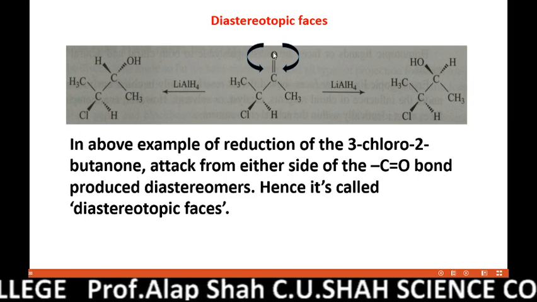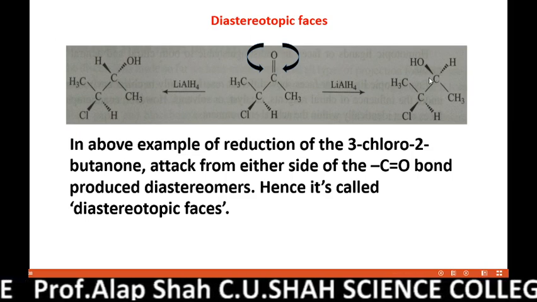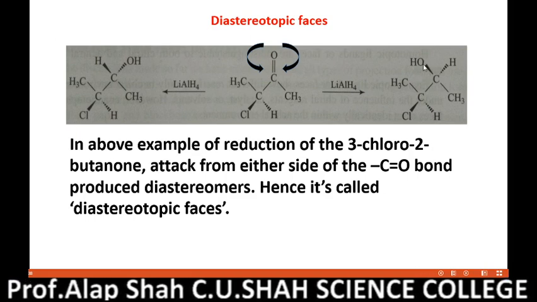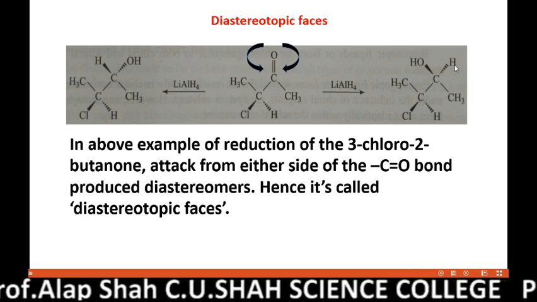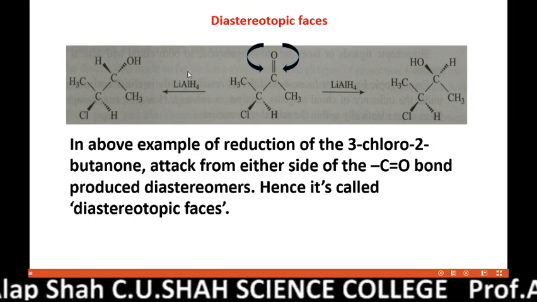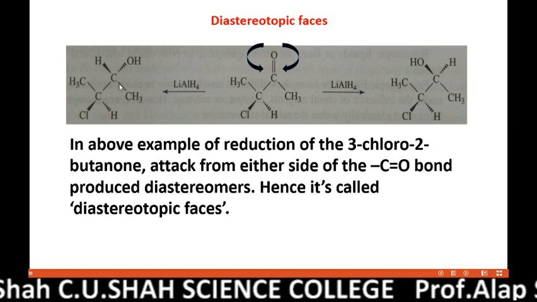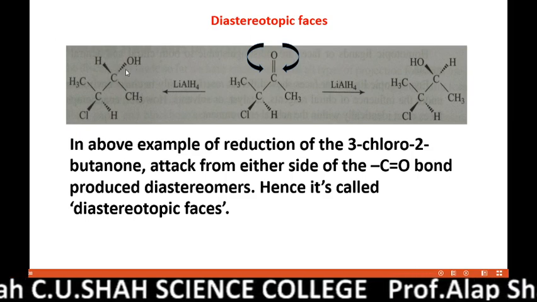But you can see that we are getting one product, this one, in which the OH group is towards the observer and hydrogen is at the back side, while from the other side, hydrogen is on our side, the front side, and OH is going away.